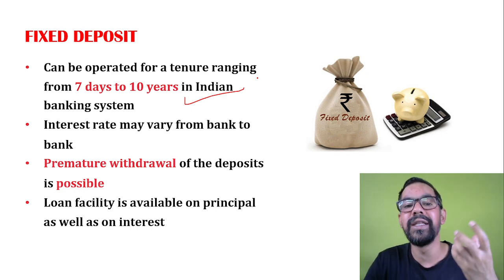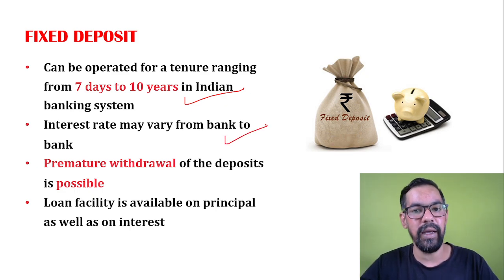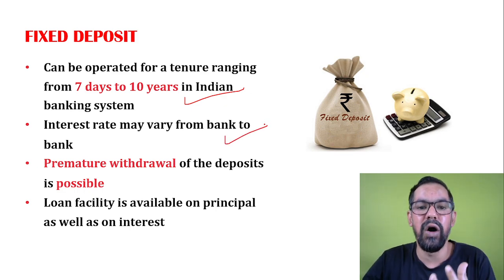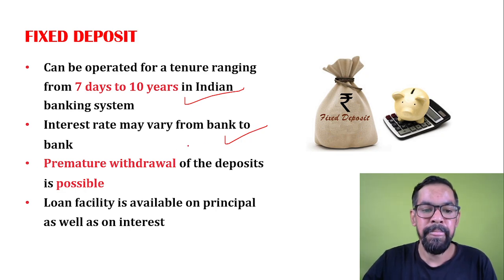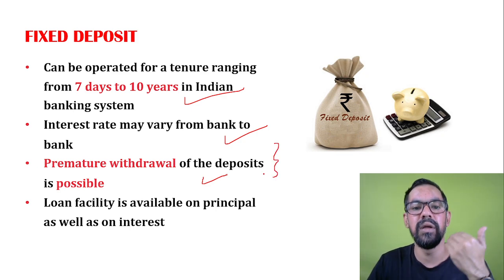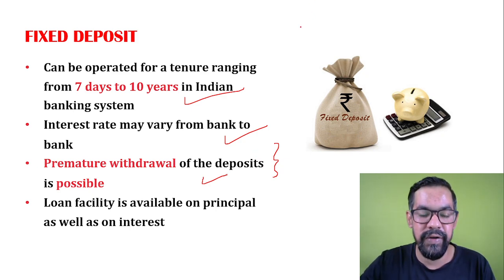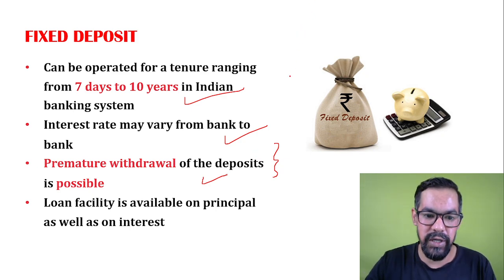They do offer you these kinds of services. Okay, interest rate varies from one bank to another bank. So every bank is generally offering you different rate of interest. And premature withdrawal of deposit is possible, but you have to wait for that processing period, and as you prematurely close your FD, there is a loss of interest rate as well.